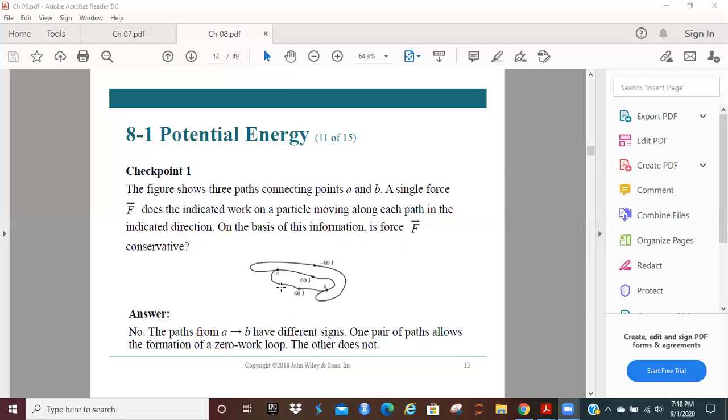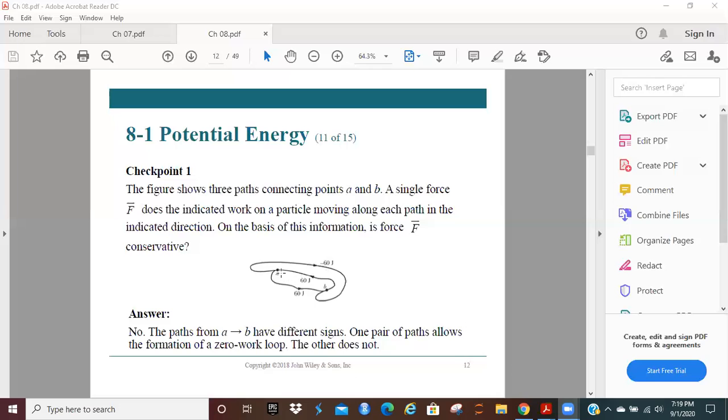It's not so much the direction, but let me help you out here. If I take this path and follow it from A to B, how much work or energy is involved with that? 60. That's right, 60 joules. If I were to go from B to A, how much energy is involved there? 60 joules.